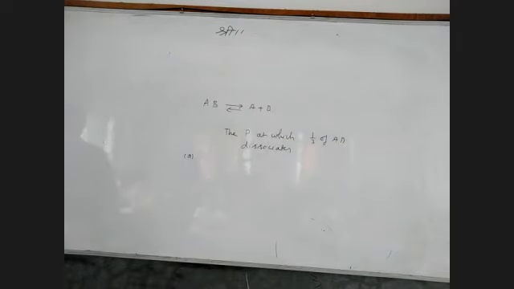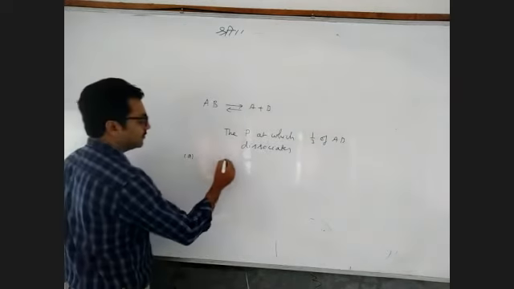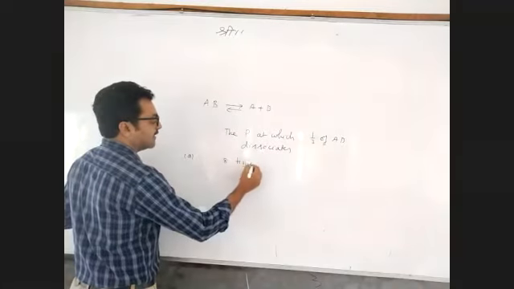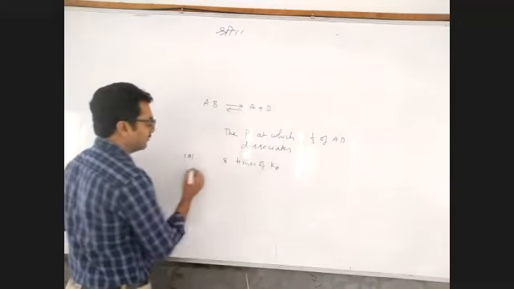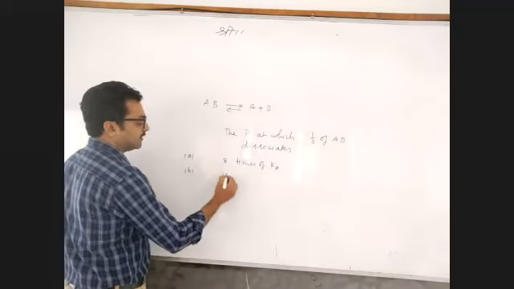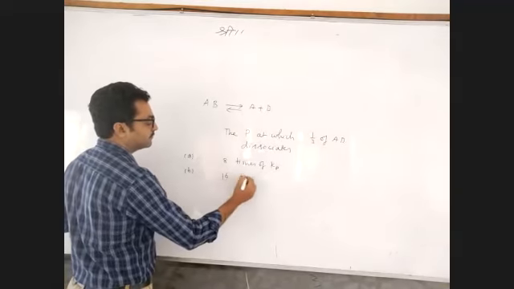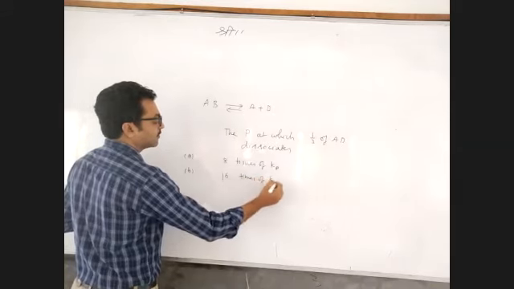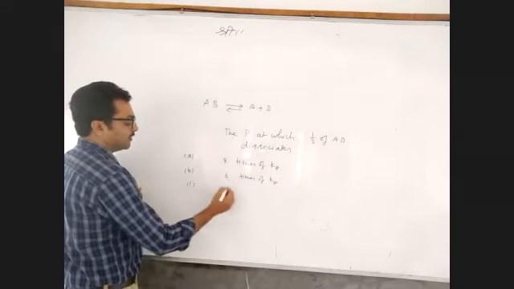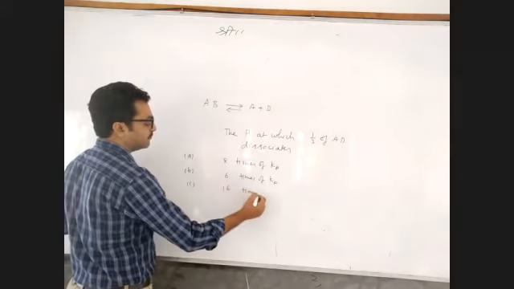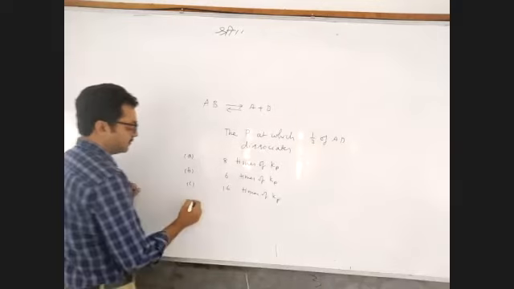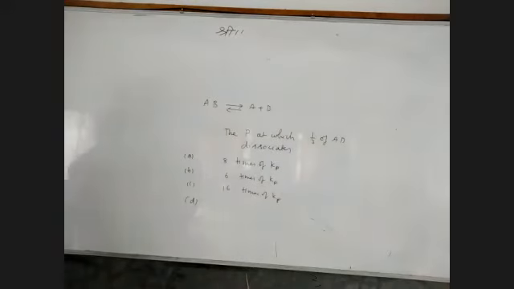First option, 8 times of Kp. Second one, 6 times of Kp. Third one, 16 times of Kp. Fourth option, 9 times of Kp.